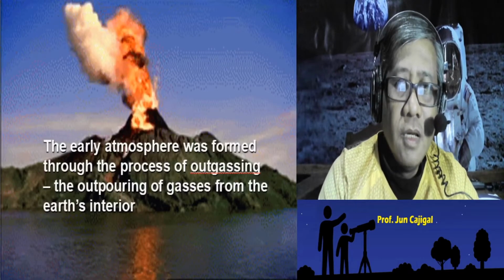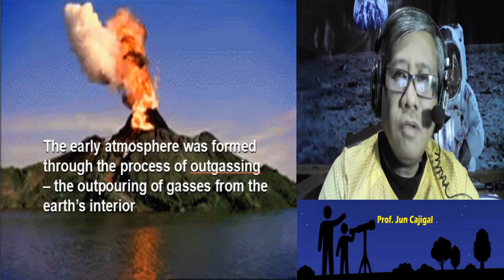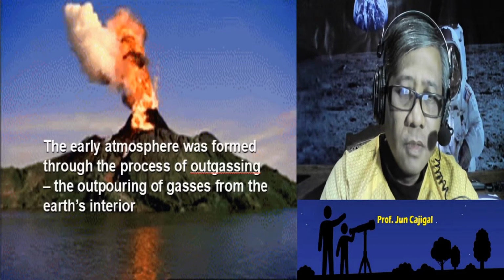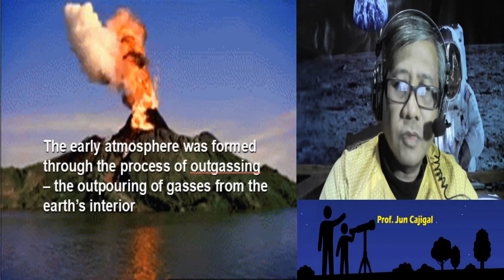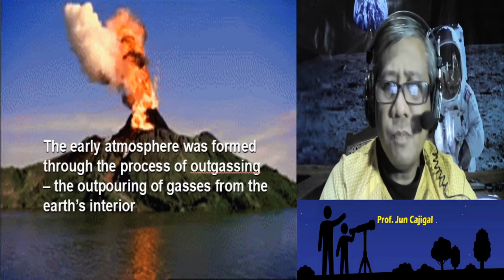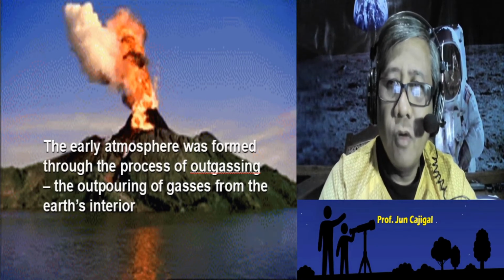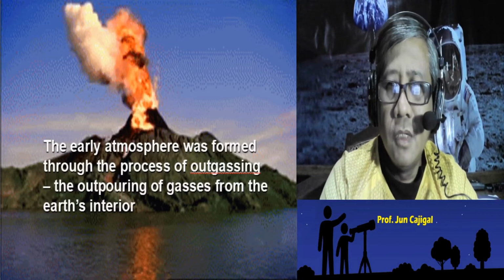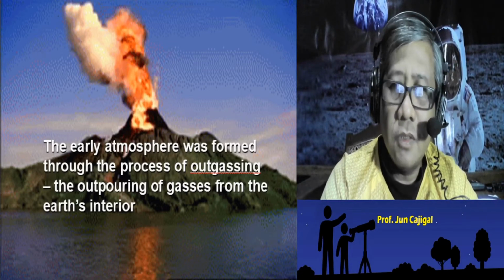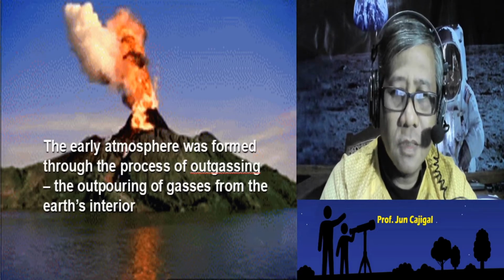And the early atmosphere was formed through the process of outgassing. So yung atmosphere natin noon, nagkaroon tayo ng atmosphere because of outgassing. Kasi maraming volcanic activity noon. So these volcanoes, they spewed out gases.